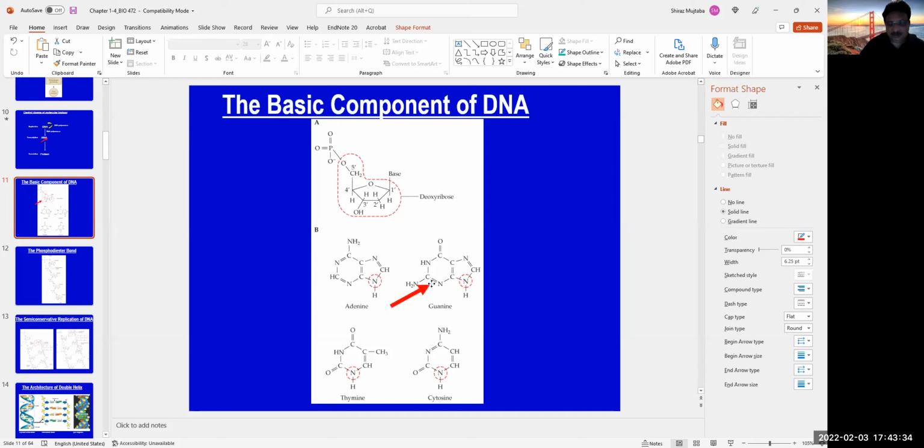Purines are bigger molecules because they have a double ring: adenine and guanine. Cytosine and uracil have a single ring and are smaller, and the base pairing is between purine and pyrimidine, A with T and G with C, right?